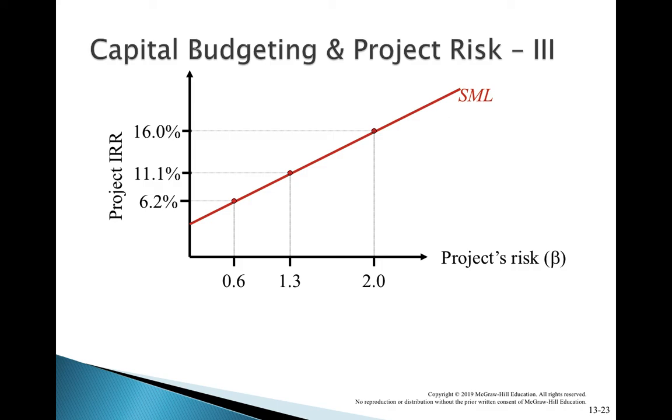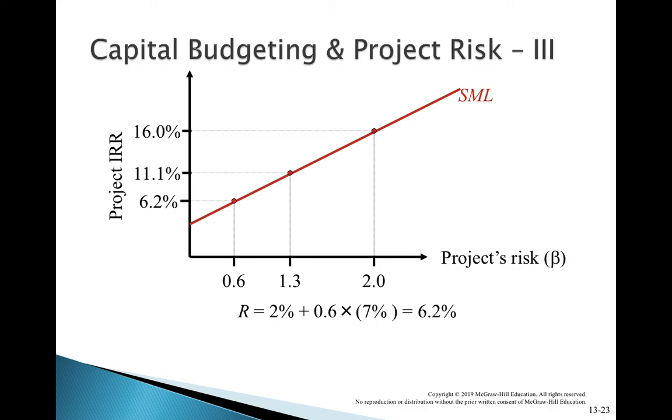And if you are taking a hard drive manufacturing project, you should take 11.1%. So you should not use a single hurdle rate for all the projects. Or else what will happen? The profitable projects will be rejected and the loss-making projects will be accepted. So to avoid that, we should adjust our required rate of return based on the beta of the project.